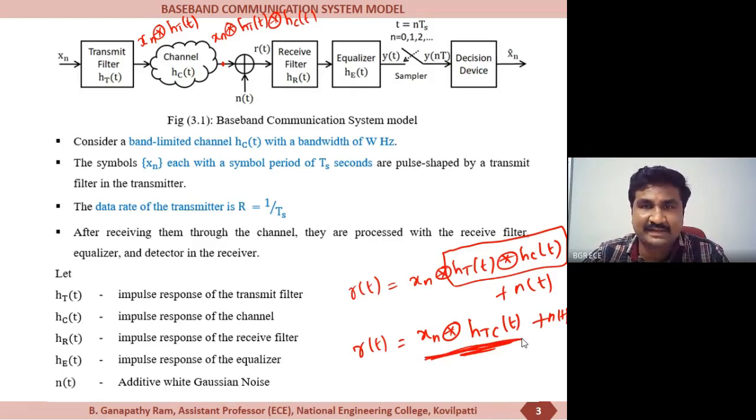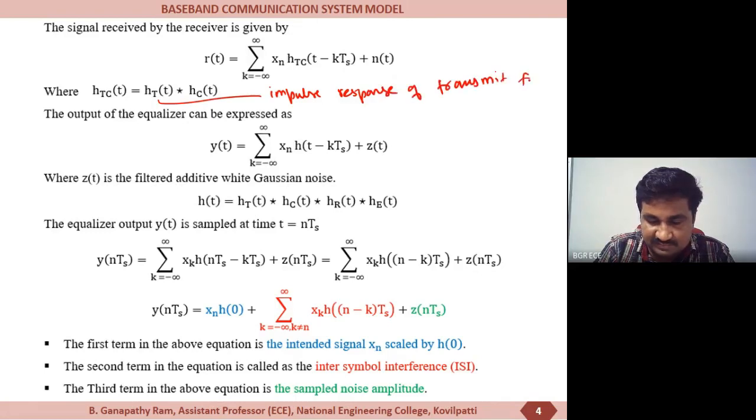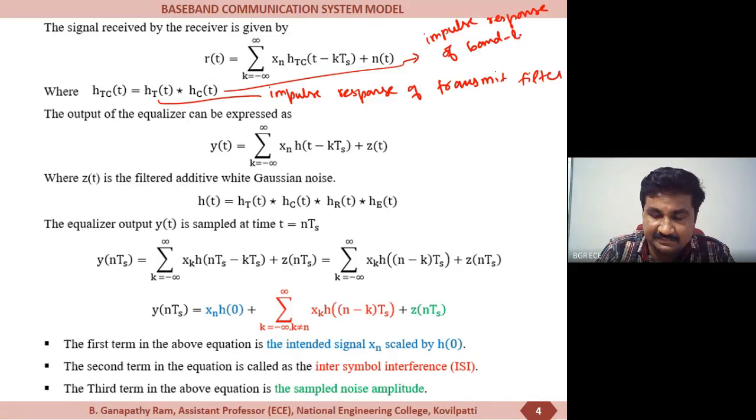So the convolution sum is expanded like this, whereas htc of t is nothing but the convolution between ht of t and hc of t. ht of t is the impulse response of the transmit filter, and hc of t is the impulse response of the band limited channel.